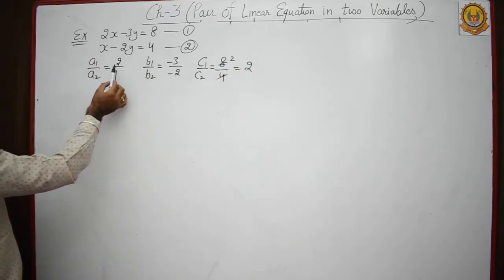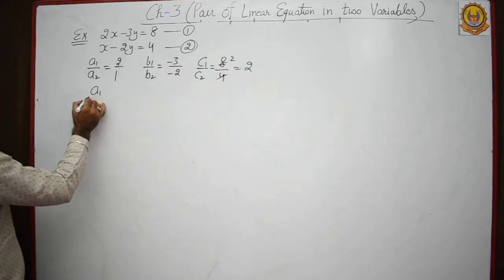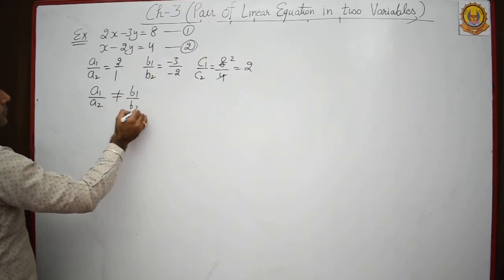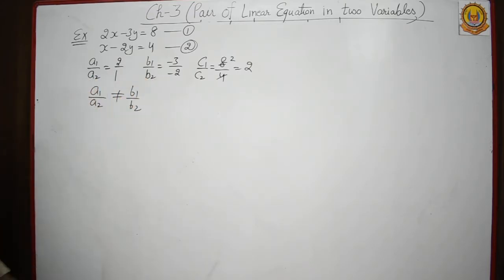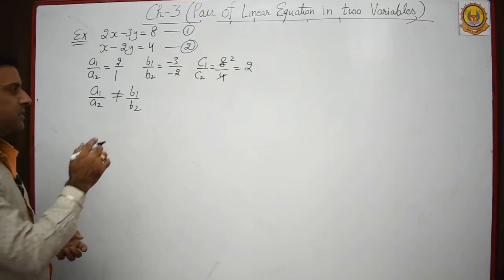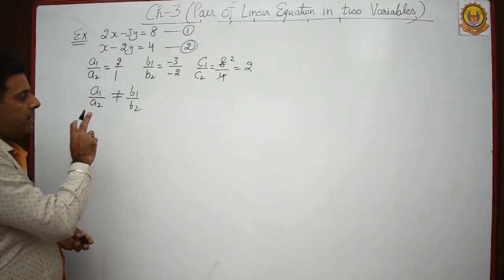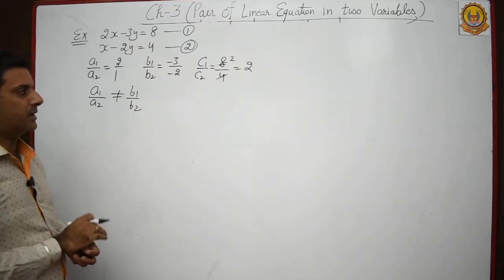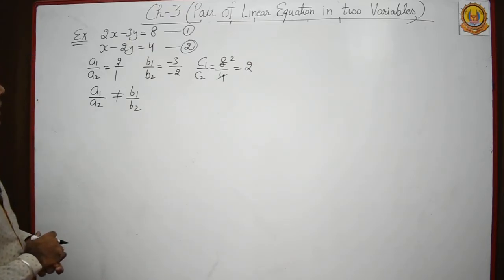So look at the ratios. a1 by a2 is not equal to b1 by b2. These two ratios are not equal, so we don't need to take the third ratio. If these two ratios are not equal, it means it has a unique solution. And if it has a unique solution, the two lines will intersect each other at one point. So I am going to show you how.